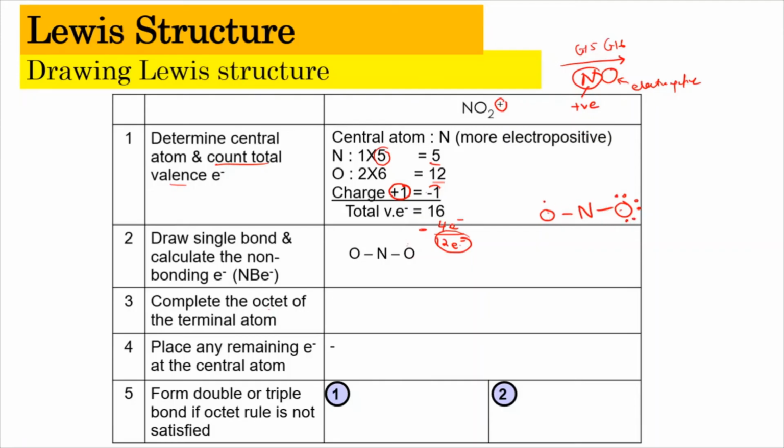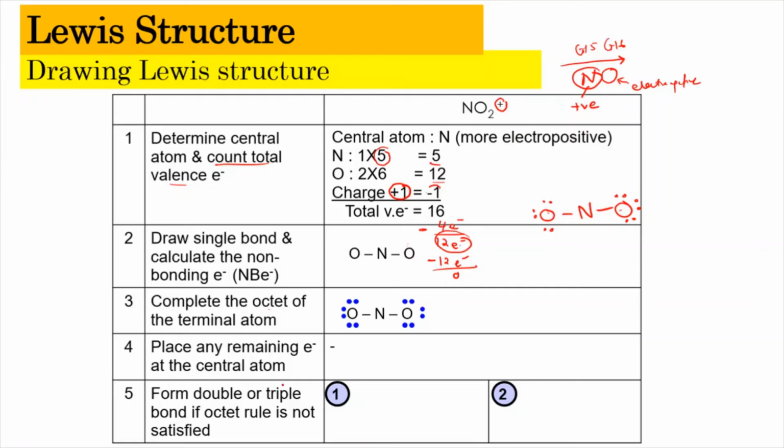Okay, 1, 2, 3, 4, 5, 6. So we have used up all the electrons that we have. Okay, so lastly, we're going to get N-O with 3 lone pairs and then N-O with 3 lone pairs here. And now, we don't have any remaining electrons to fit in the central atom.